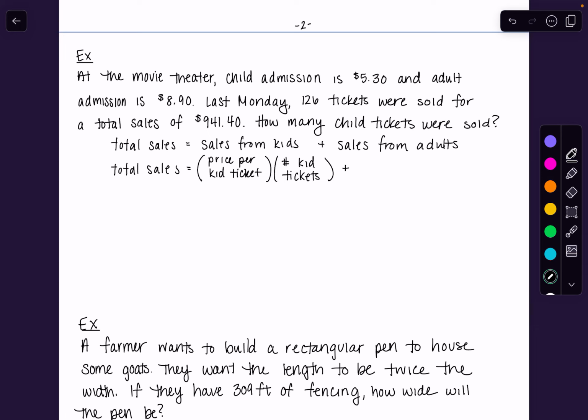And likewise, the sales from the adult tickets is the cost per adult ticket multiplied by the number of adult tickets sold.